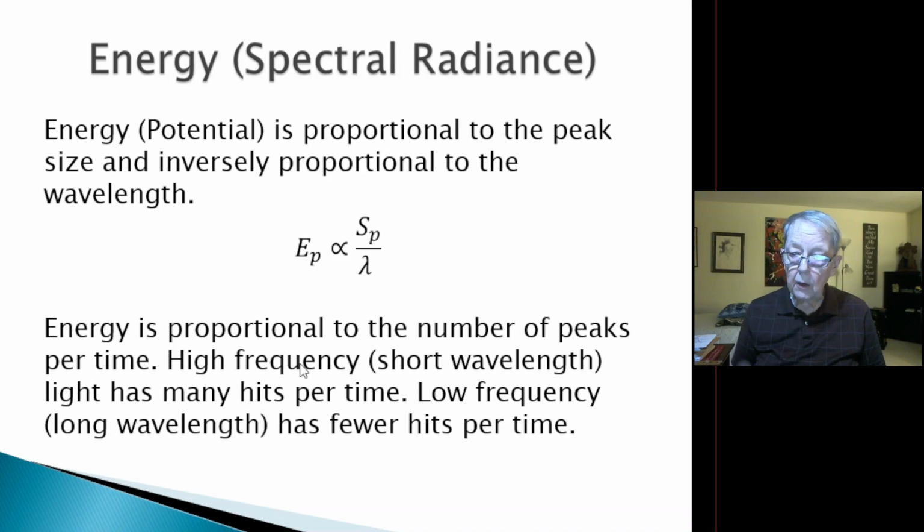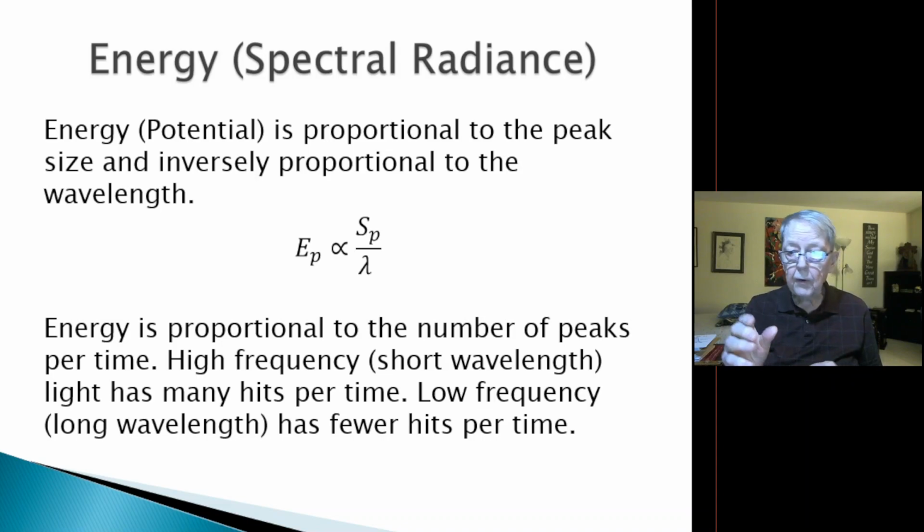High frequency or short wavelength light has many hits per time. Low frequency or long wavelength has fewer hits per time. Now the high frequency short wavelength has small peaks, so you can see why the energy would be low.